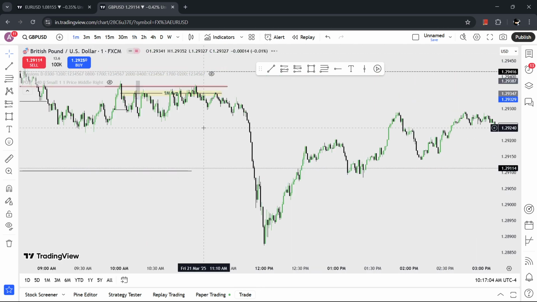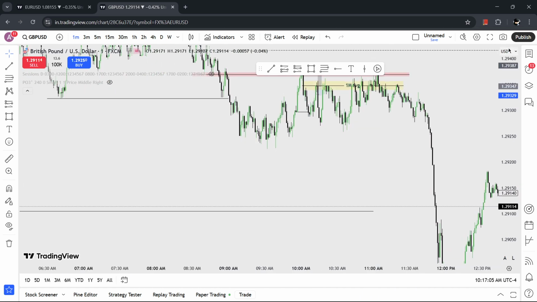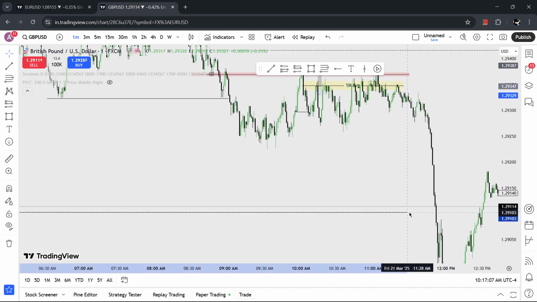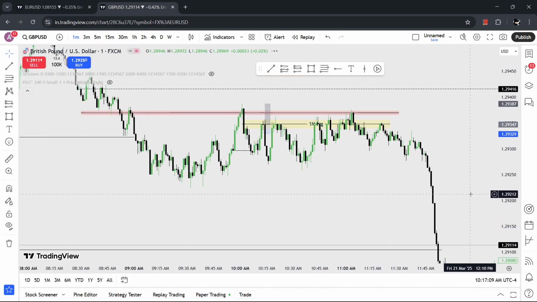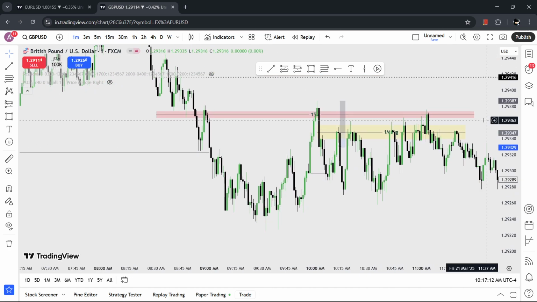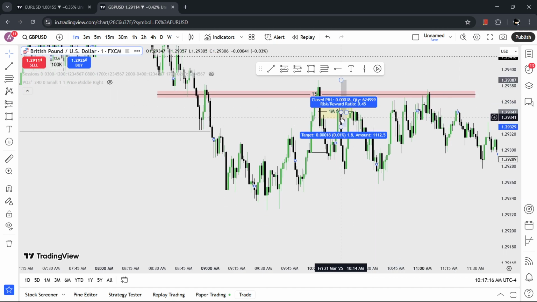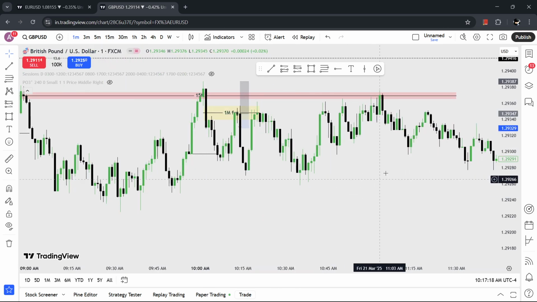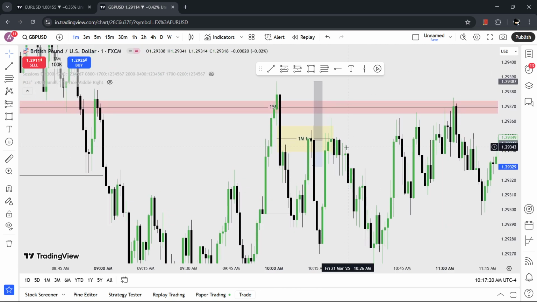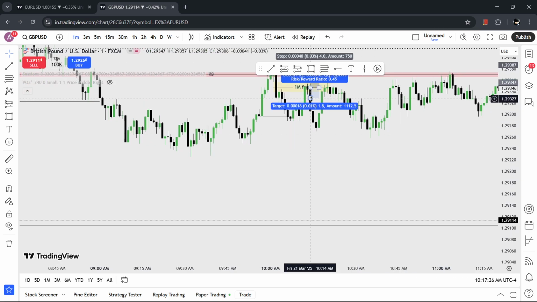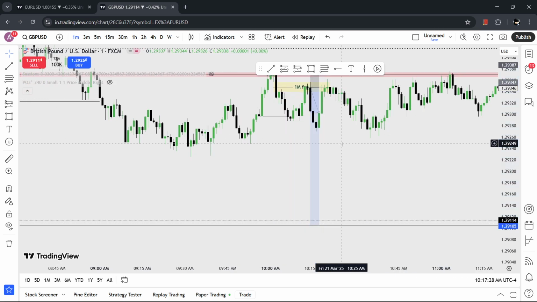So you could enter there, put your stop loss at this swing high, short term high, targeting this low.